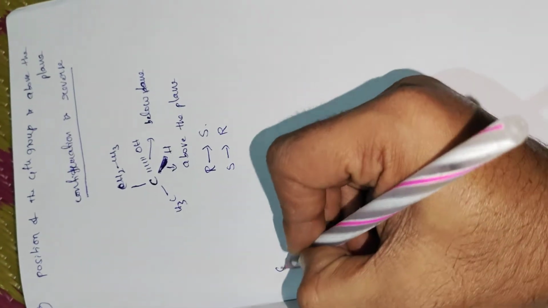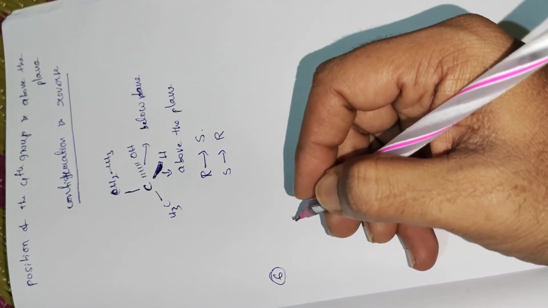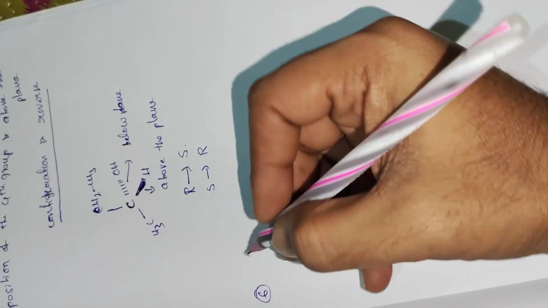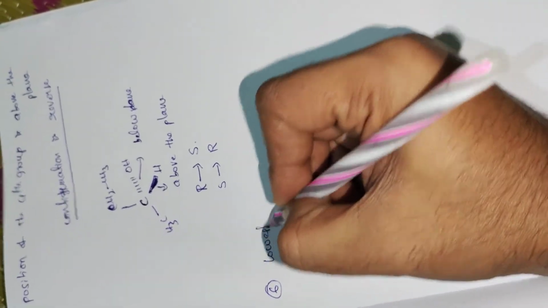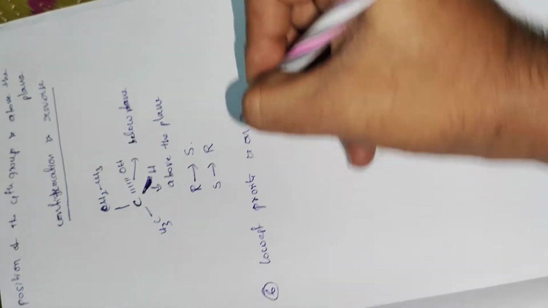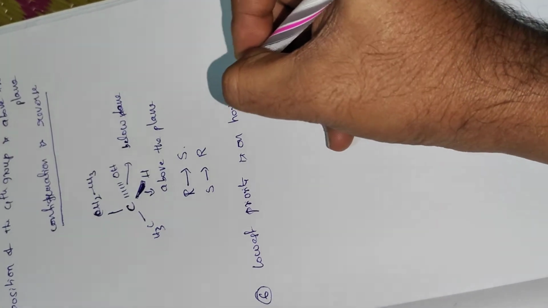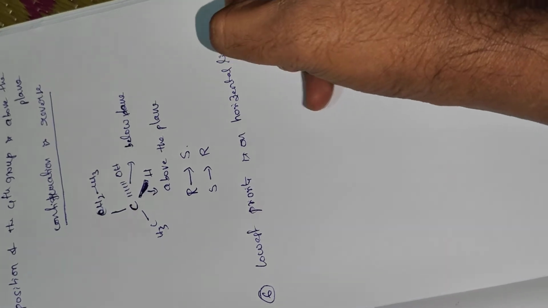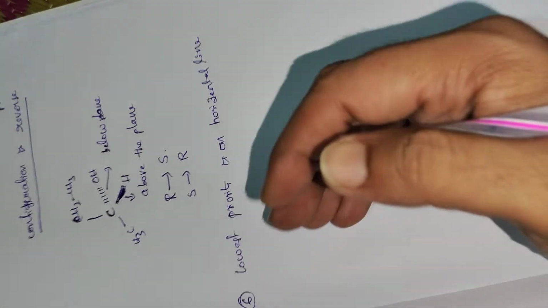Okay, next one more rule, rule number 6. If the lowest priority is on a horizontal line, the configuration is reverse.